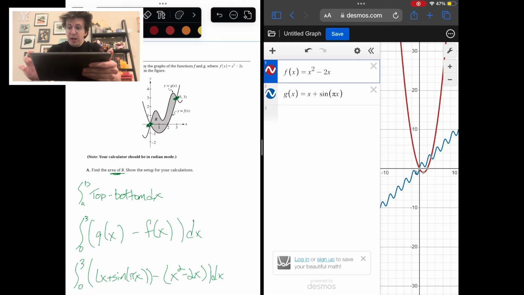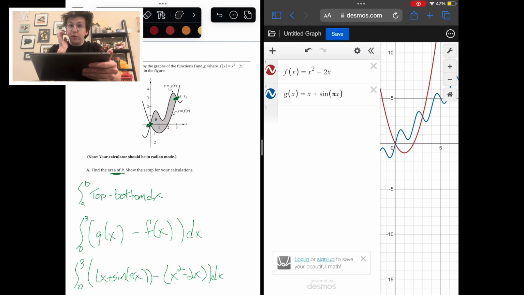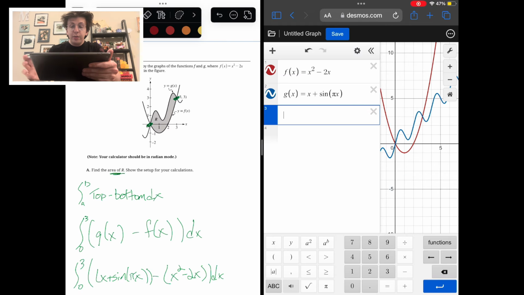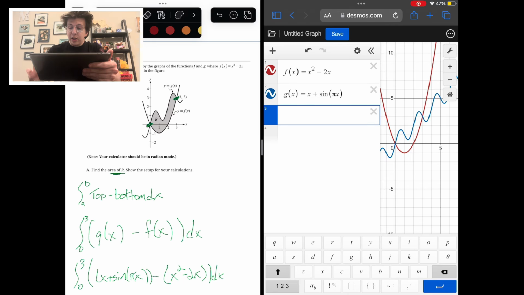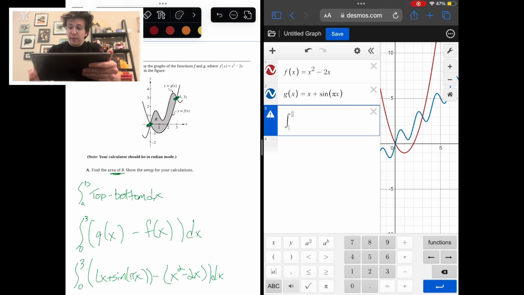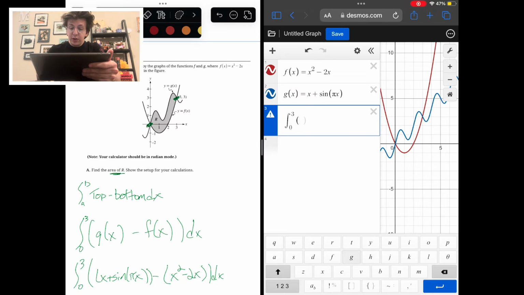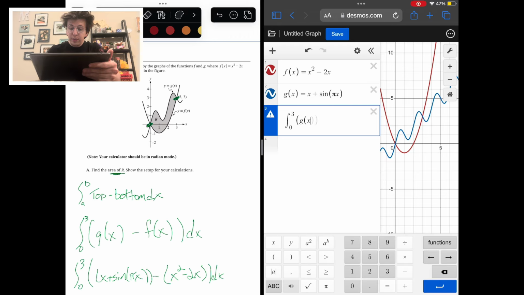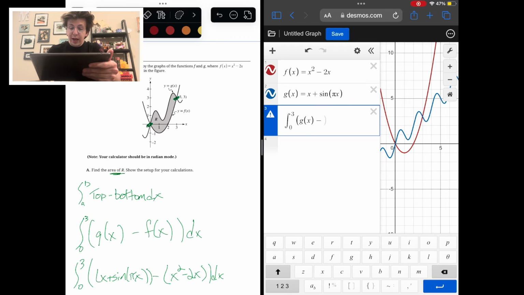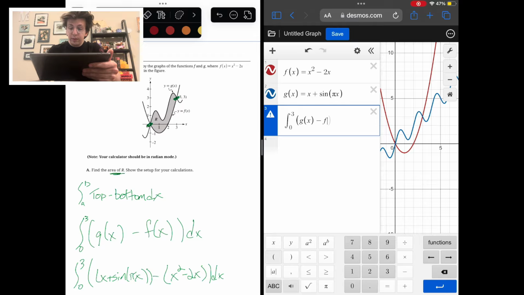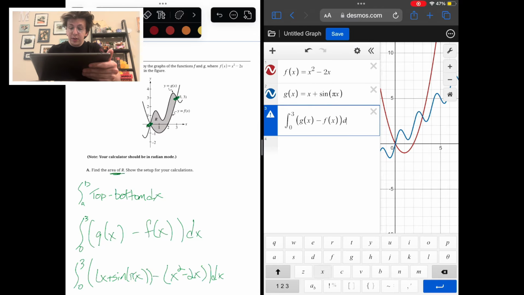If we zoom in on this side, we should be getting the general shape of our graph. Now, let's put our statement into Desmos. That is the integral, so int, going from 0 to 3, of parentheses, our top function here, which is g of x minus f of x, big parenthesis, and we have to put dx.